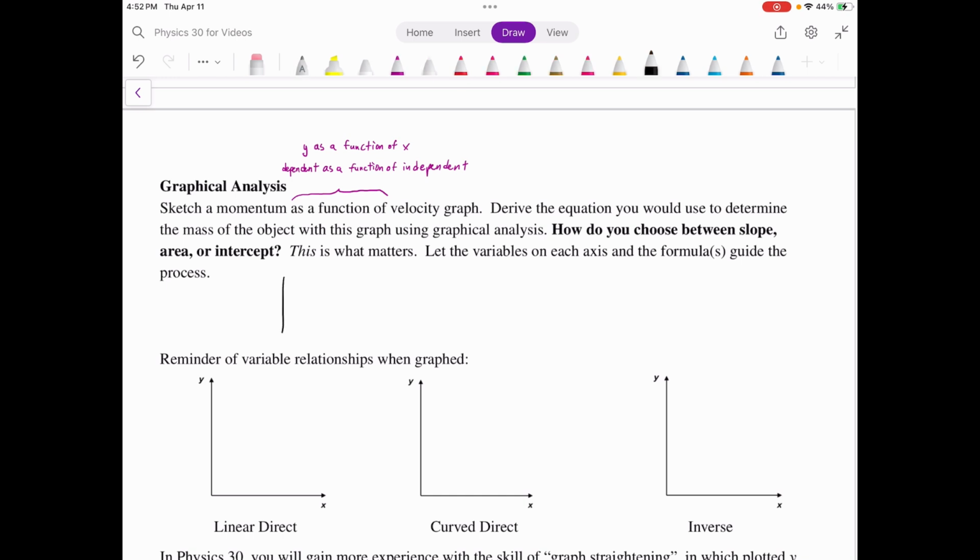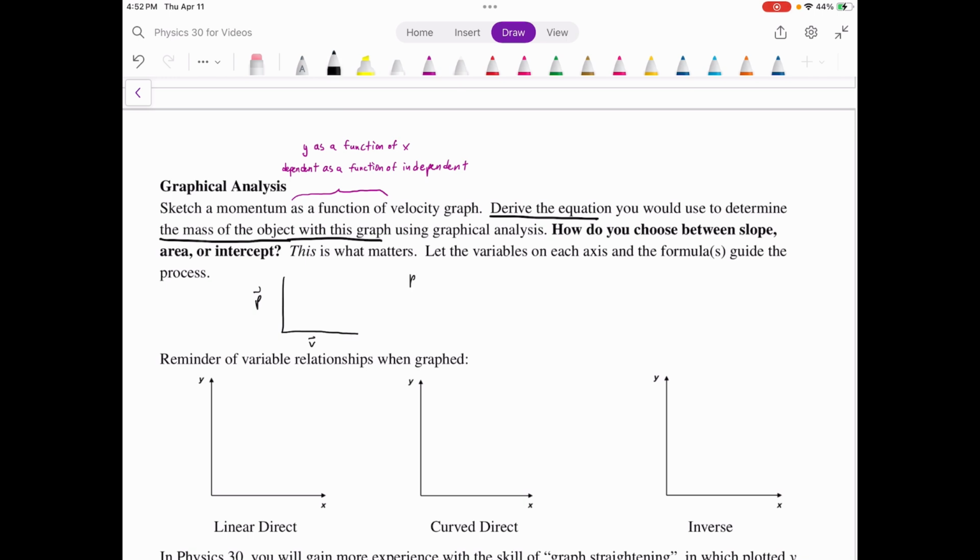Momentum is going to go on our y-axis. Velocity is going to go on our x-axis. Then it says, derive the equation you would use to determine the mass of the object with this graph. Okay, maybe we're getting a bit ahead of ourselves though. We haven't even finished sketching our graph. So the question is, how does this depend on velocity? What's going to happen to the y value as the x value increases, right?